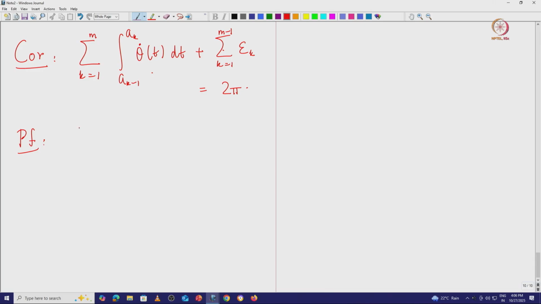By the fundamental theorem of calculus, what is this? This is theta of a_k, where you have your interval a_{k-1} to a_k. So, you take theta a_k from the left minus theta a_{k-1} from the right.